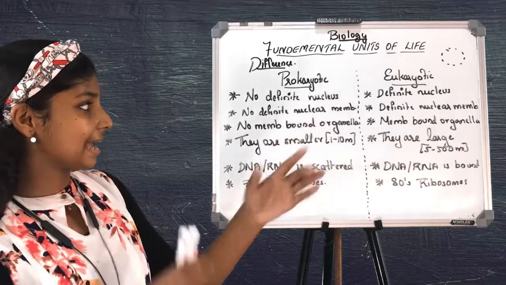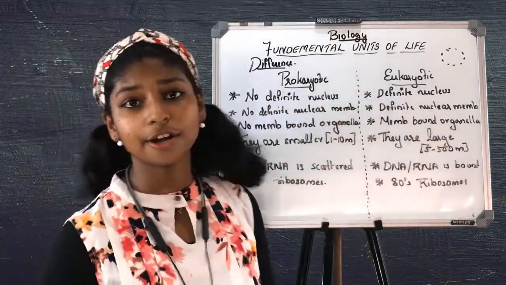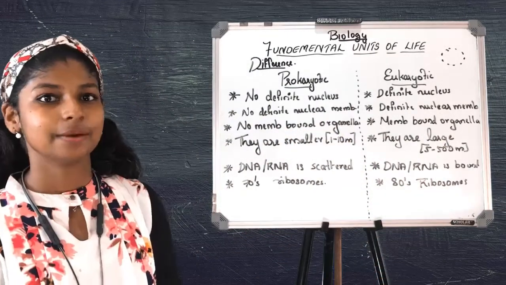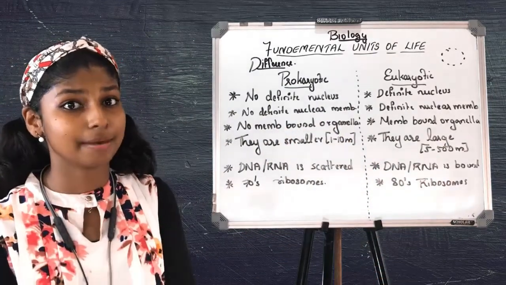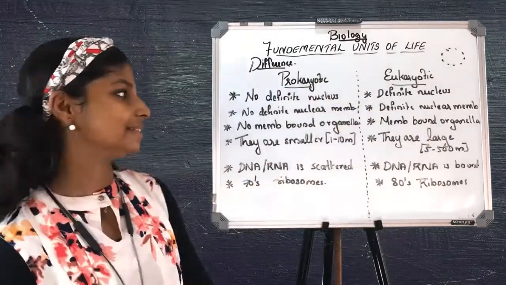So prokaryotic cells have no definite nucleus. And what about eukaryotic cells? They have a definite nucleus, because they are the true nuclear cells, right? So they have the definite nucleus.